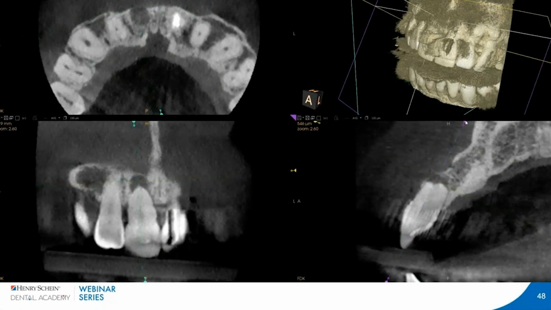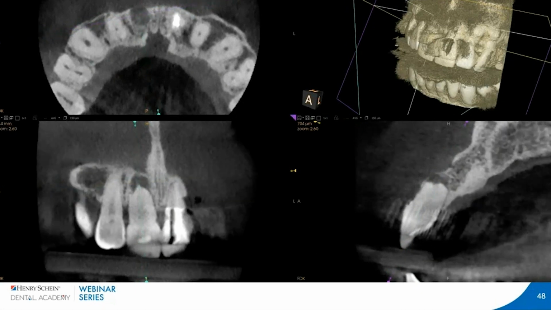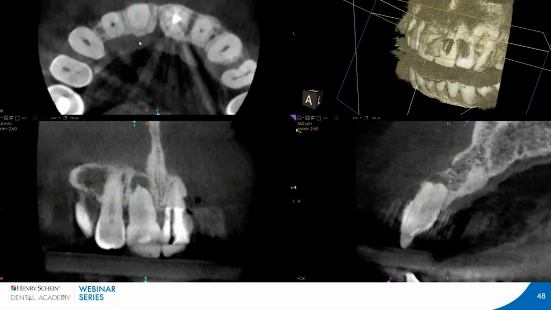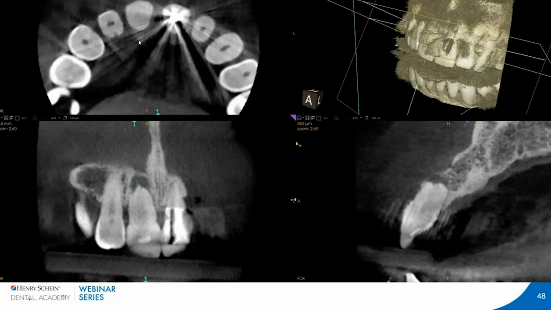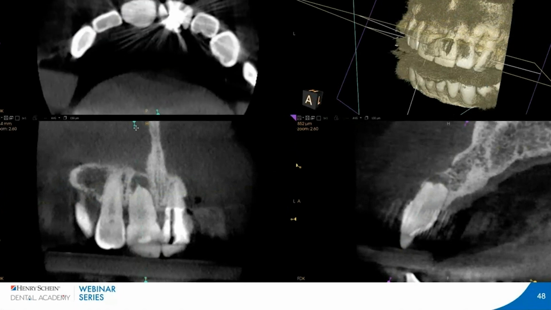So when we're trying to evaluate the canal system, you can see this is an example of how you center the scan. As we talked about, when you're taking a scan, especially for endodontic diagnosis and treatment planning, you need to center it on the tooth itself. You need to center all the axes along the long axis of the tooth and perpendicular to that axis for the other planes.